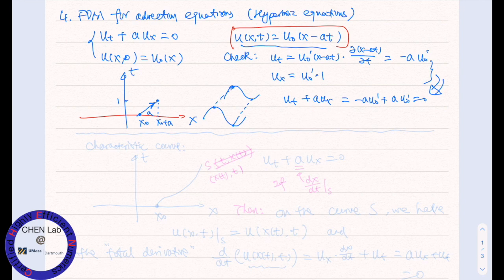This kind of understanding is very important. It is the idea of the so-called characteristic curve, an important concept for dealing with hyperbolic equations.